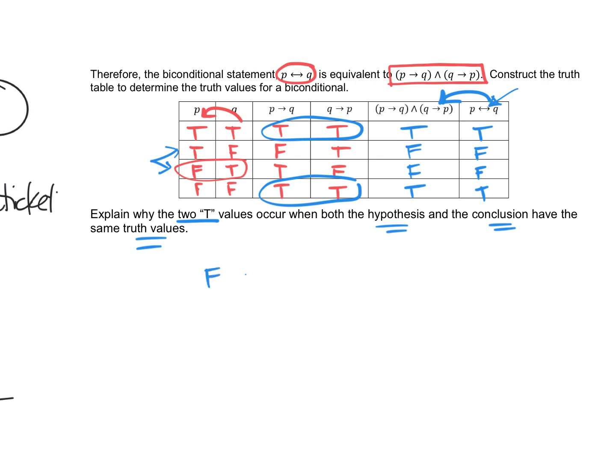So the only way that's going to happen is false going to false and vice versa, and true going to true. So really they must have the same truth values. If this happens, then that happens, and if that happens, then the other way around. Hopefully that makes a little bit of sense. Which is that P is true if and only if Q is true, and P is false if and only if Q is false. So that's it.